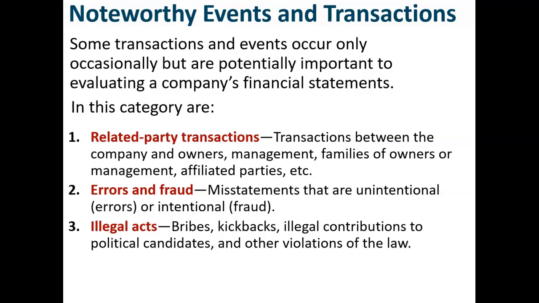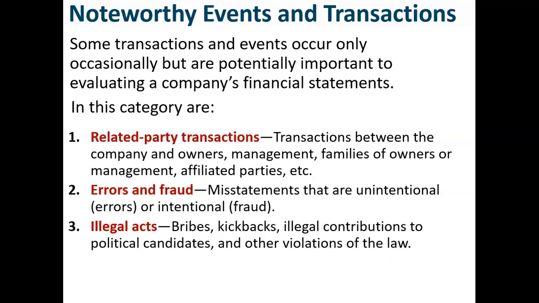Sometimes a company will engage in transactions with its owners, management, families of owners or management, affiliated companies, and other parties that can significantly influence or be influenced by the company. The potential problem with related party transactions is that their economic substance may differ from their legal form.